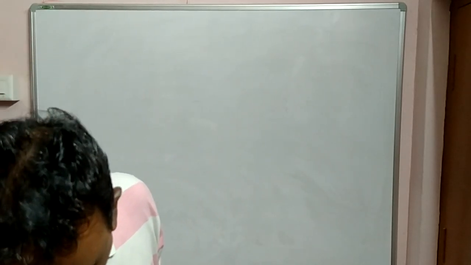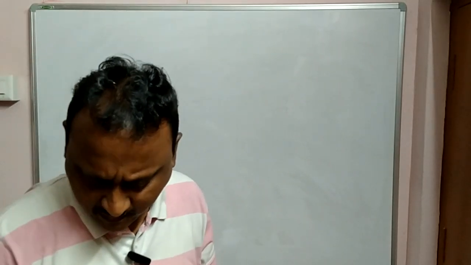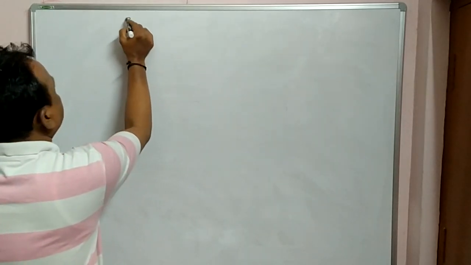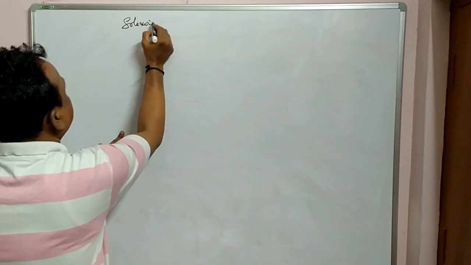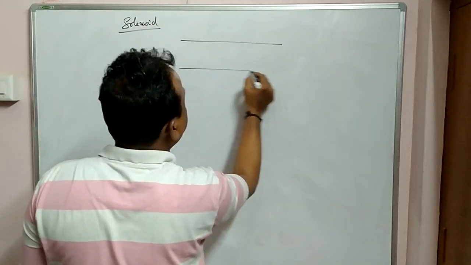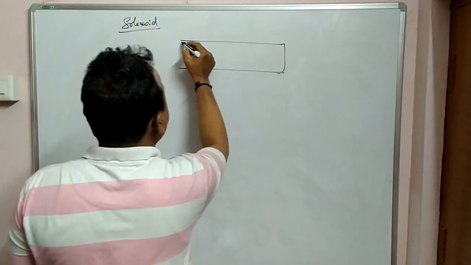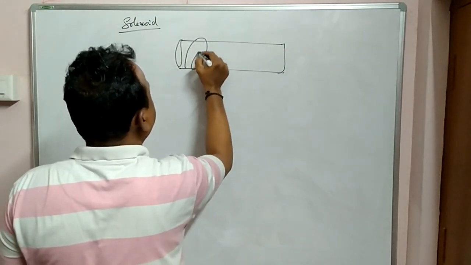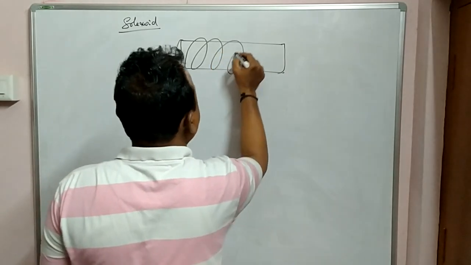Now let us go for the solenoid, the magnetic field for a solenoid. What is a solenoid? A solenoid is a cylinder-like structure on which wire is wound, copper wire.